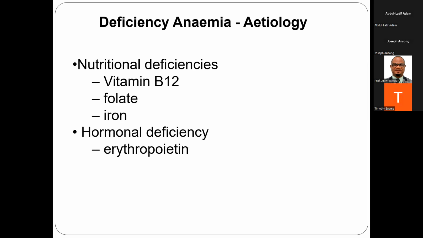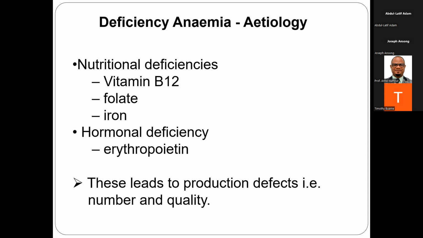It can also be hormonal deficiency. And if it's hormonal deficiency, the hormone needed for red cell production is erythropoietin, so you have erythropoietin deficiency anemia. I didn't mention the enzymes here, but they will come through as we go along, that are also going to be deficient, so we have the CPD deficiency anemia as well.